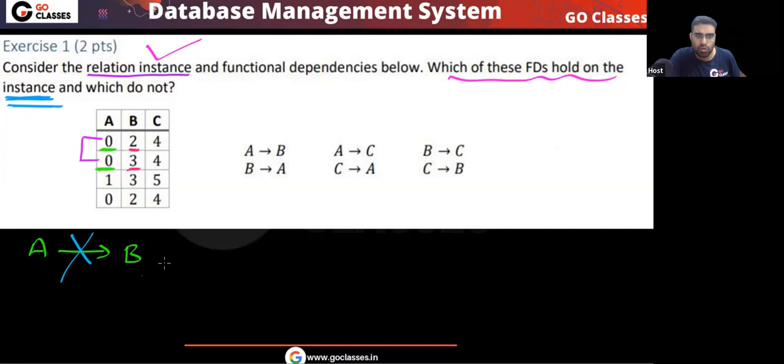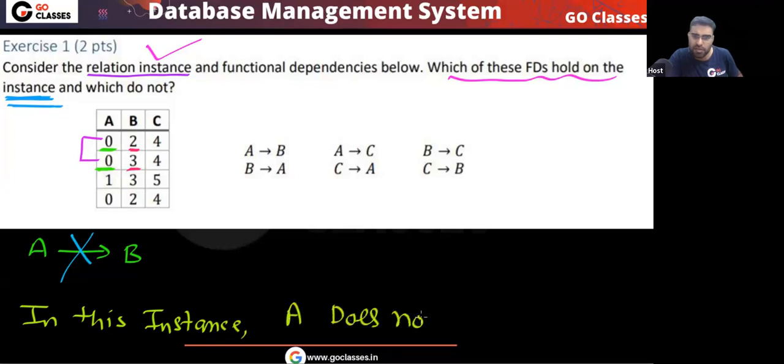So can I say that in this instance, A does not determine B? Yes, A does not determine B.